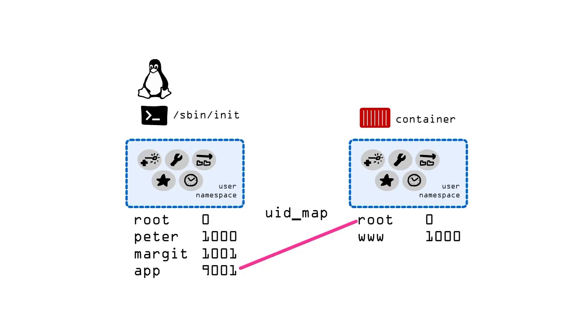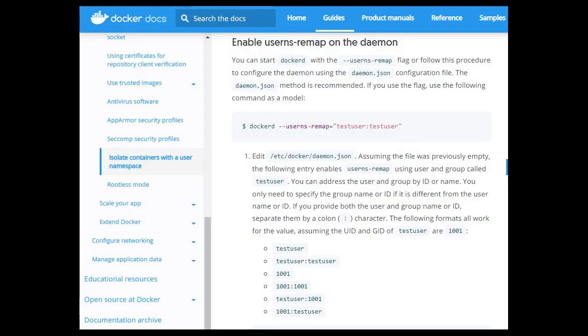But this can also bring new problems because the implementation has to make sure that all the ownerships and interdependencies to other namespaces are correct. So many of the container engines nowadays don't make use of it as a default. Using Docker, for example, you have to enable it in a JSON file or as a command parameter at startup.